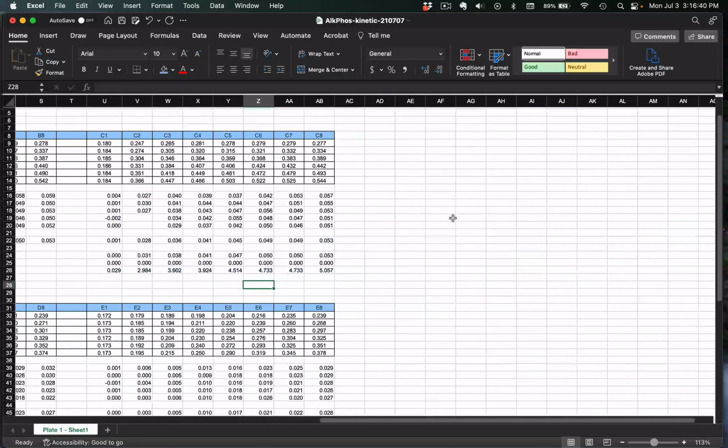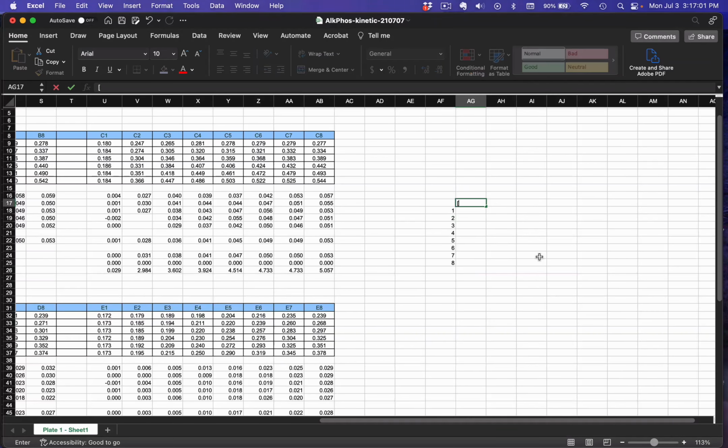So in terms of substrate concentration, I'm just going to have these correspond to the columns that were on our plate. This will be the substrate concentration, in micromolar.